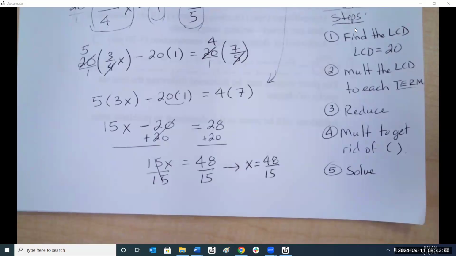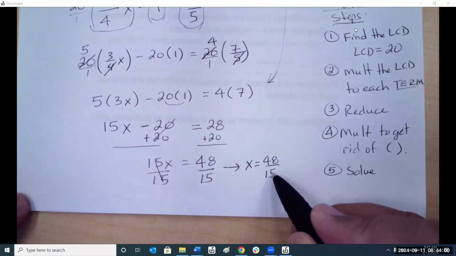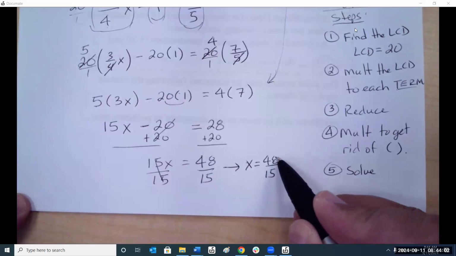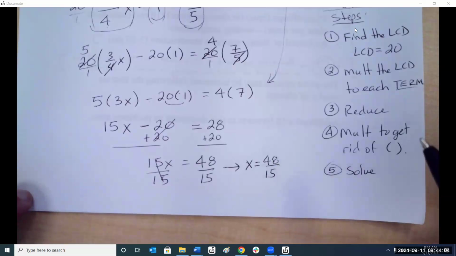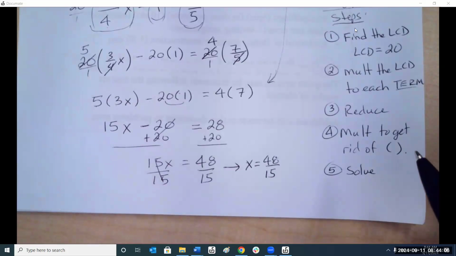Is that a final answer? Why not? For two reasons, actually. It was the second one. Is it an improper fraction? Yes. An improper fraction is when the bottom number is smaller than the top, because a fraction should always be a small number over a big number.